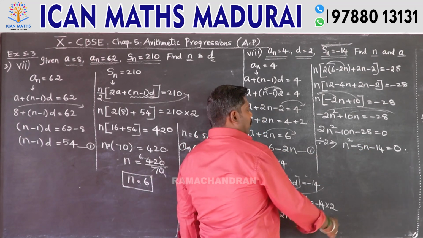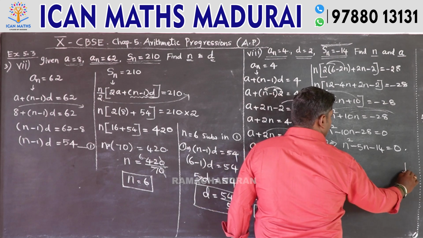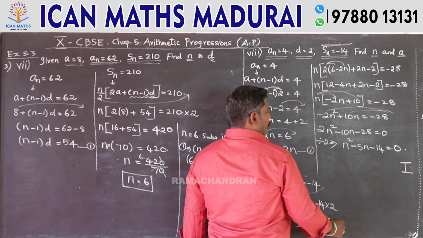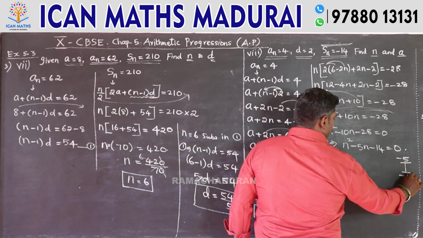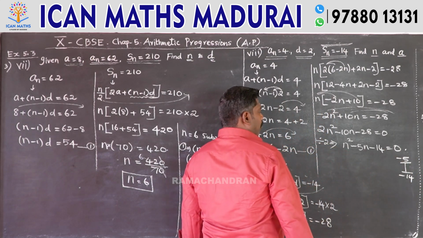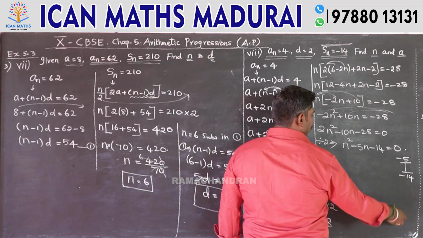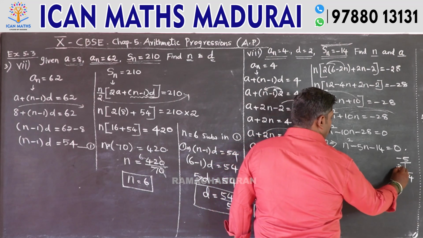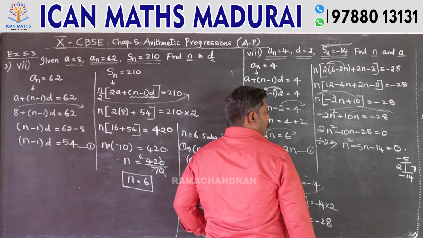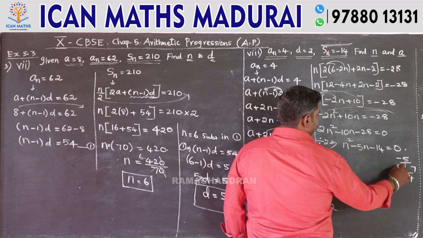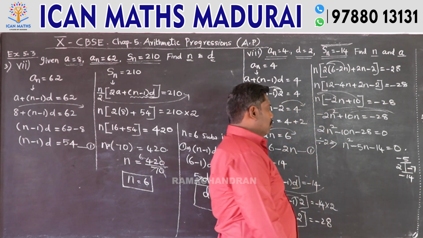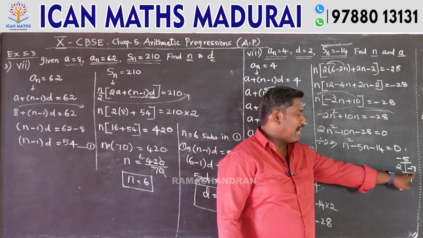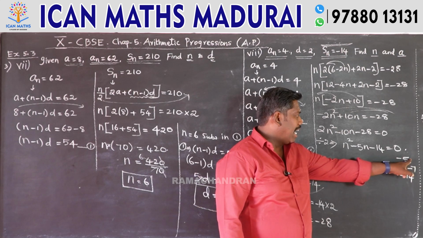By solving this using the factorization method, minus 5n and minus 14. The product of the factors is minus 14. So we can choose 2 sevens are 14. If we add, we will get minus 5, so we can use the sign minus 7. So the factors are 2 and minus 7. If we add, we will get minus 5.